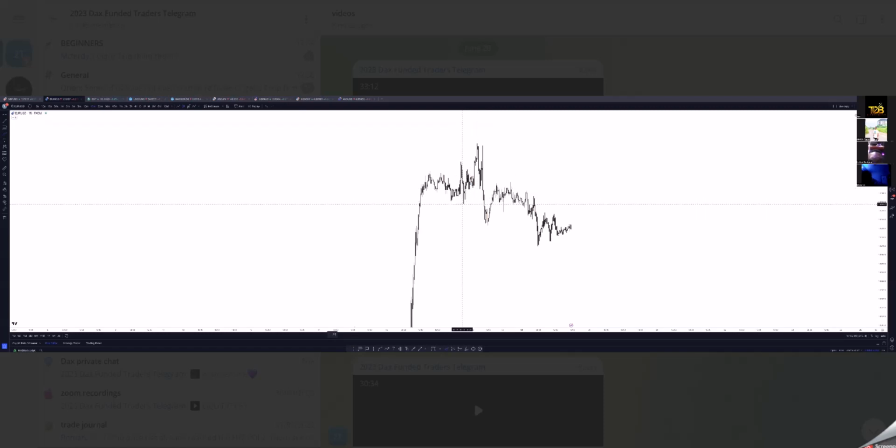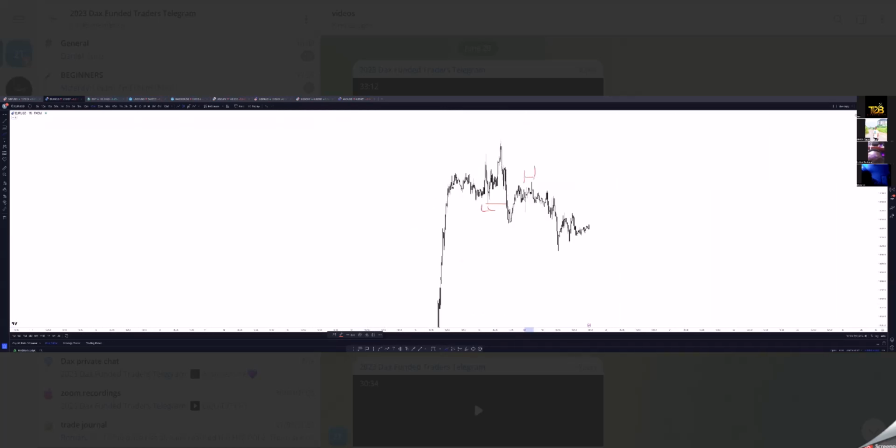Now, what do we have here? Now you can see price took out the previous lower low here, lower low, right? You can see our price reversed. Now this is our lower high, sorry.